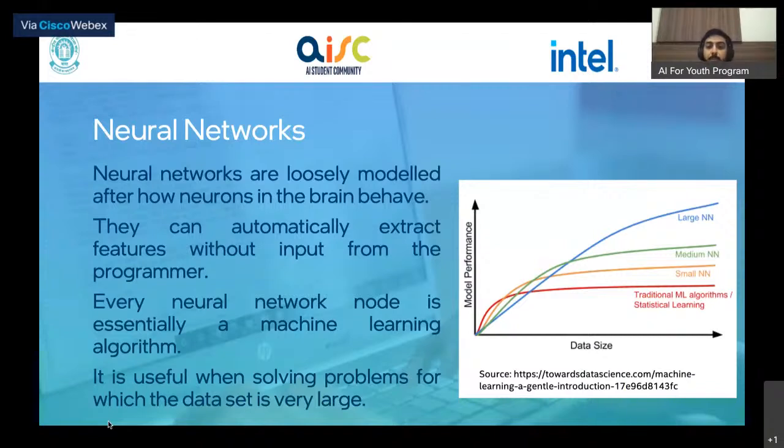Similarly, in a neural network model, there are neurons, and these neurons are nothing but the basic building block, or the basic structure, of a neural network model. And a network of all these different neurons make up your neural network model. Now, what are these neurons?